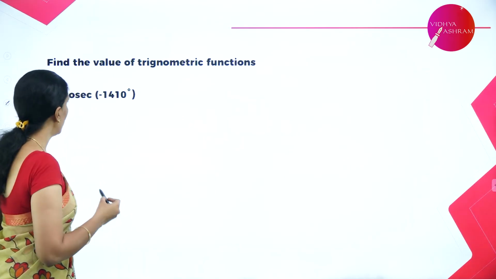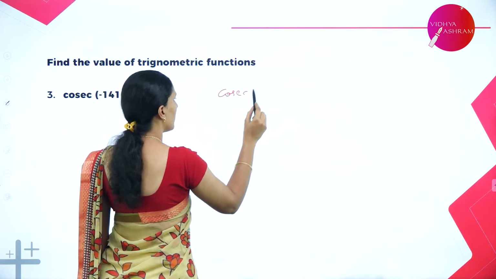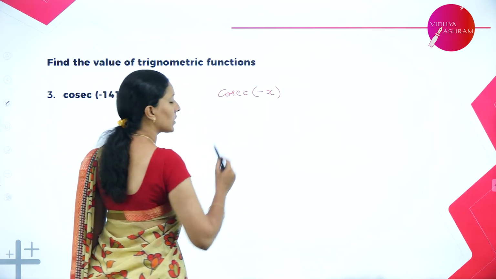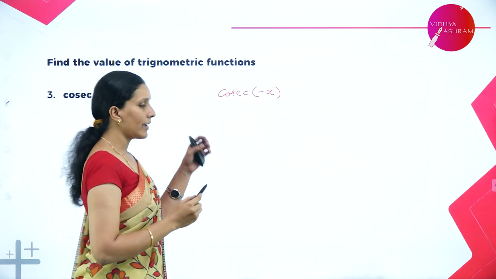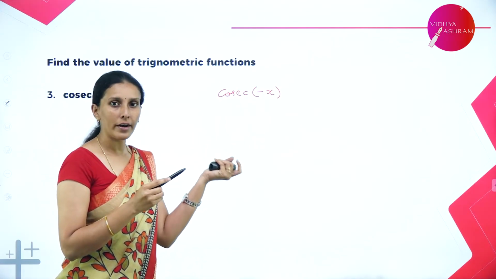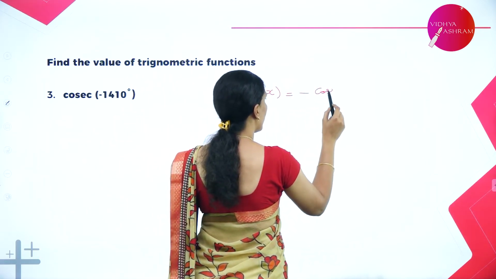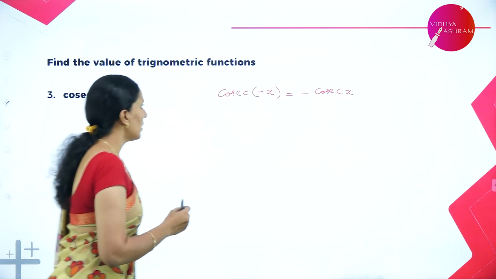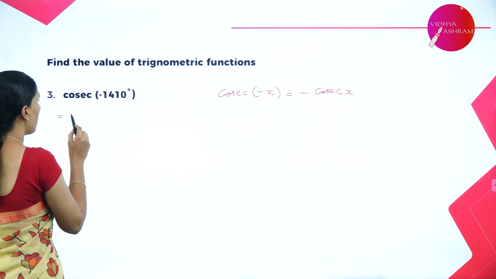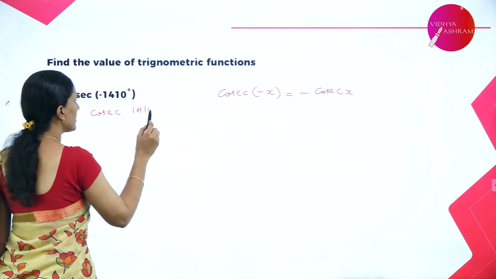So, now here first we have this in the form of cosecant minus x. What is cosecant minus x? So, except for cos and secant, for a negative angle, all are negative of the trigonometric function. So, therefore, it is minus cosecant x. Now, let's write this. We have this in the form of minus cosecant 1410 degree.